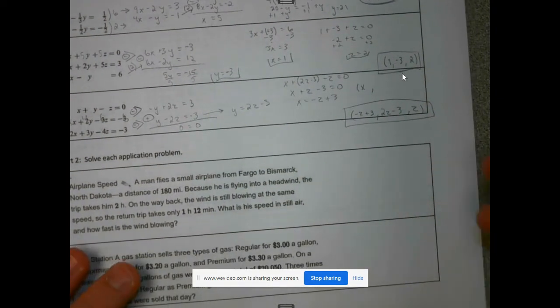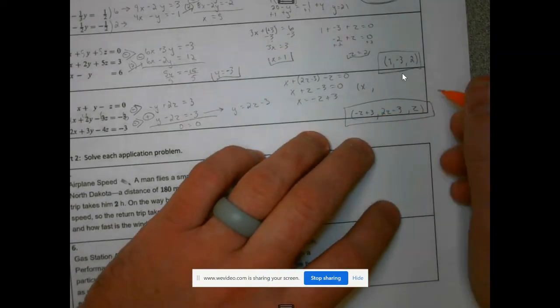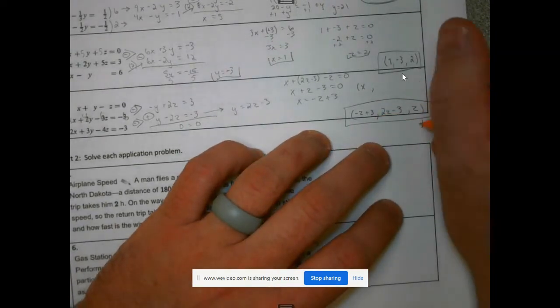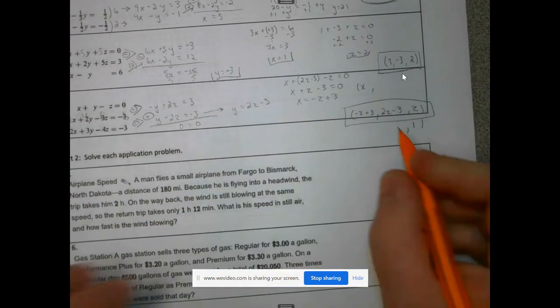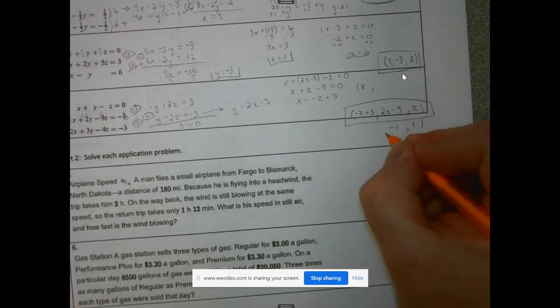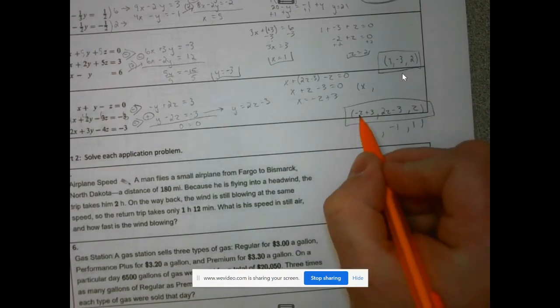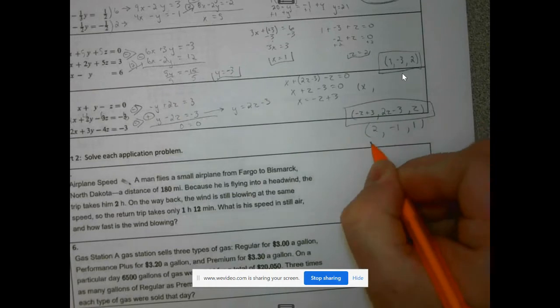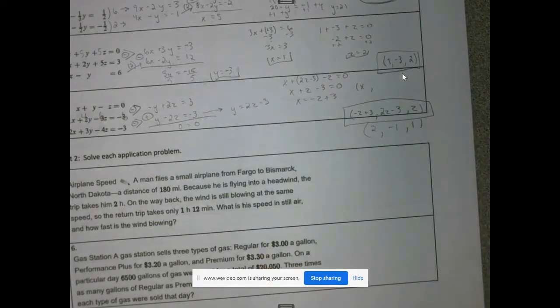If you wanted to add in a solution that works, you could just pick a z value of 1 and then plug it back in. So 2 times 1 is 2, 2 minus 3 is negative 1, and then negative 1 plus 3 is 2. So this is an ordered triple where these graphs intersect.